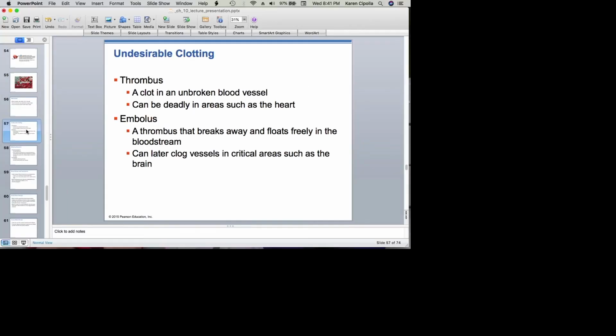When you have an embolus, which is the piece of thrombus that's broken away, the piece of clot, what they'll do is they will give you an anticoagulant, which is a drug that prevents the clotting factors from forming.